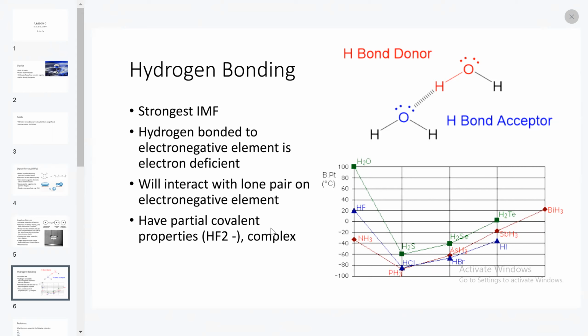Great, exactly. So as you go down the periodic table, we start to see larger and larger atoms with more and more electrons. So the number of electrons gets larger, so we start to see significant increases in London forces. So you might be asking about dipole forces. Well, as we go down the periodic table, the atoms start to become less electronegative.